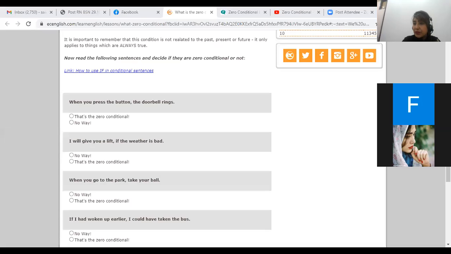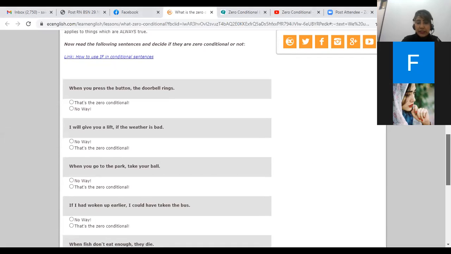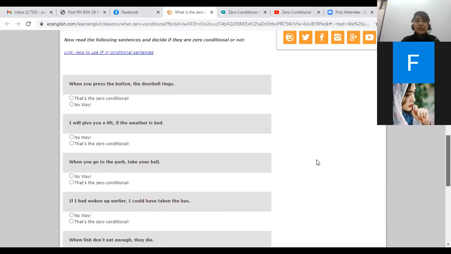I hope my screen is visible to everyone. Okay. So in this exercise, you have to tell me whether it is zero conditional or it isn't a zero conditional. You can write in the chat box as well as you can unmute yourself and answer me. Fine.